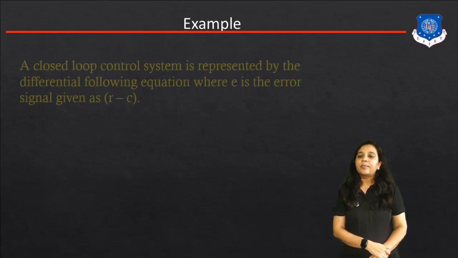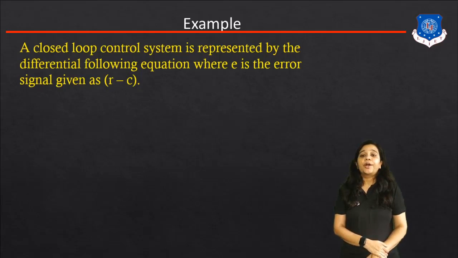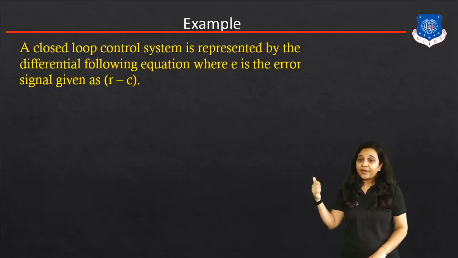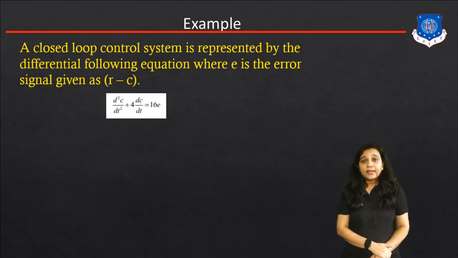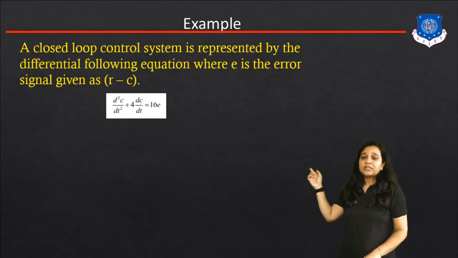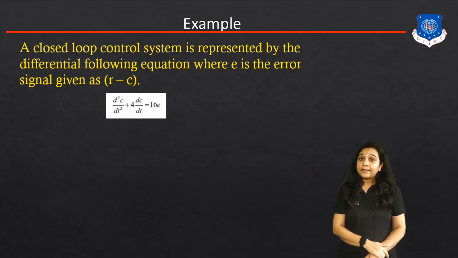Now the next example: a closed loop control system is represented by the following differential equation, where E is the error signal and it is given as R minus C. What is R? R is known as the reference input and C is my output signal. The equation is d square C upon dt square plus 4 dC by dt is equal to 16E.